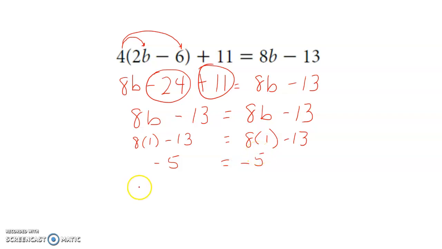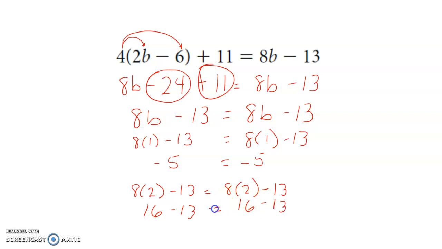Let's try another number. Let's try 2. 8 times 2 minus 13 equals 8 times 2 minus 13. 8 times 2 is 16 minus 13, which is 3 equals 3. Oh, 2 also works. So you will see sometimes you'll get an equation where all numbers are a solution.